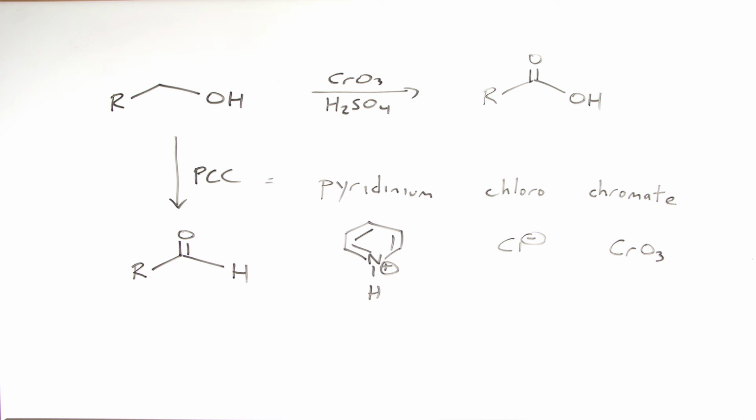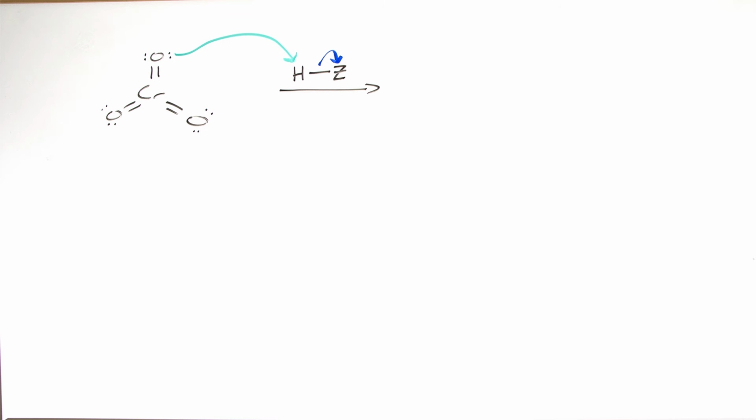If I take chromium trioxide, generally speaking in an acid medium, sulfuric acid preferred, but we'll just take a generic acid for right now since we're talking about the generic first step. What I'll get is this, and I can draw that as a resonance form like so to explain why it is relatively easy for an alcohol, which is not a very good nucleophile in general terms, to attack.